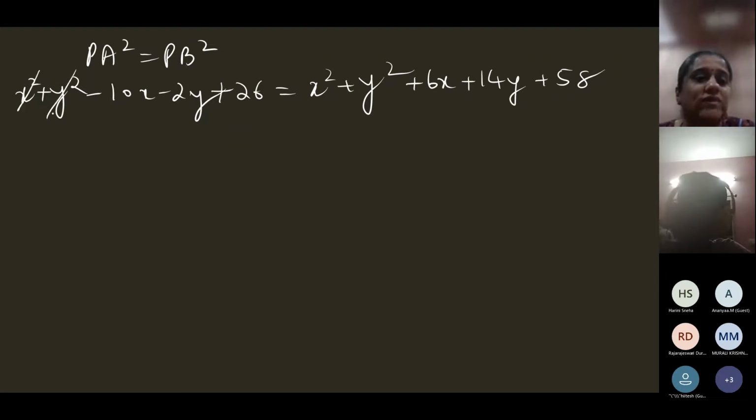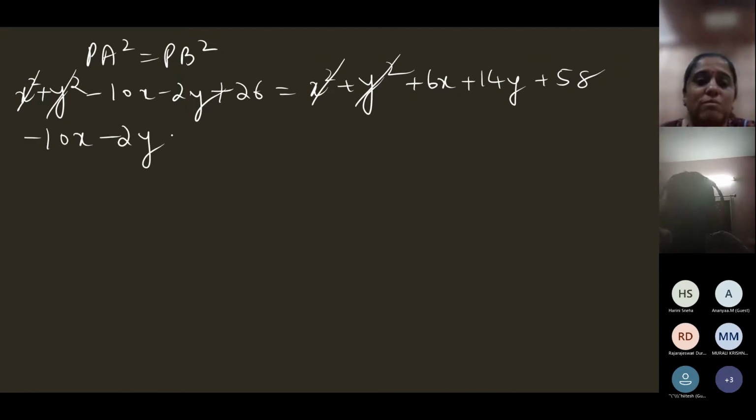So you can see x square and y square on either side get cancelled. Now bring all the x and y terms to one side: minus 10x minus 2y minus 6x minus 14y. Take the numbers to the other side, 58 minus 26.